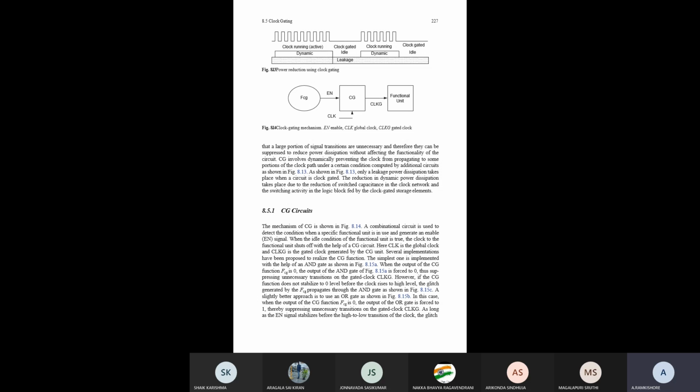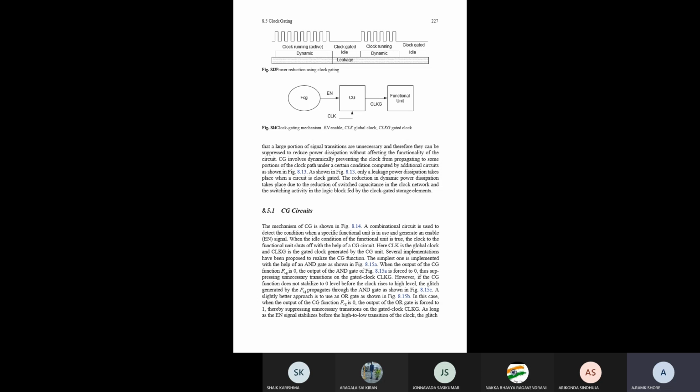Whenever this clock gating is present, the circuit doesn't suffer with leakage power dissipation, and that completely reduces the dynamic power dissipation. Why is the dynamic power dissipation reduced? Because of the reduction of switched capacitance in the clock network.